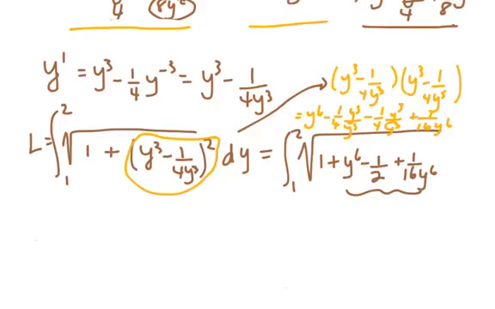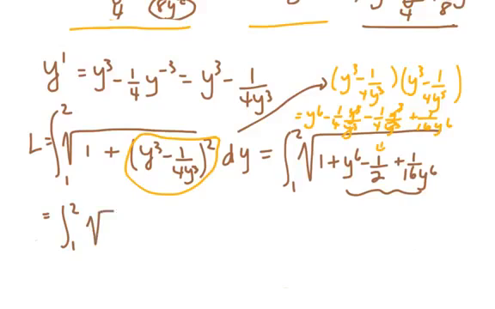So y cubed over y cubed is just 1, so negative 1/4 plus a negative 1/4 is negative 1/2. So you've arrived to this term underneath the radical, and then I would combine your constants.